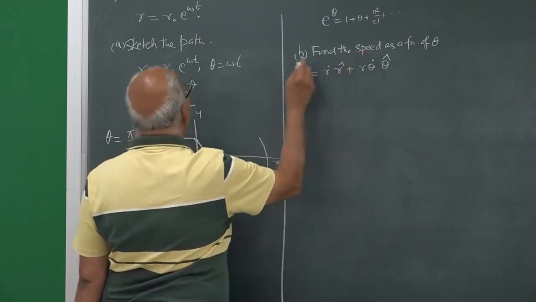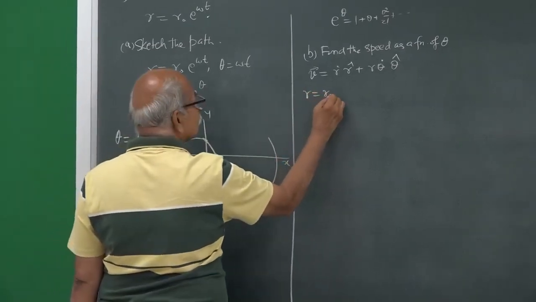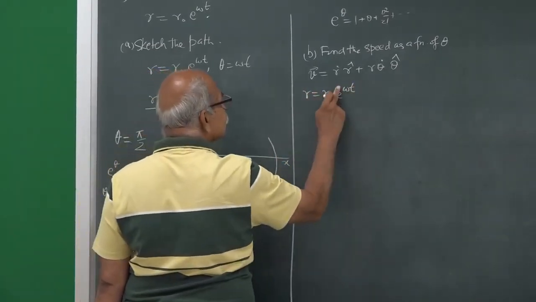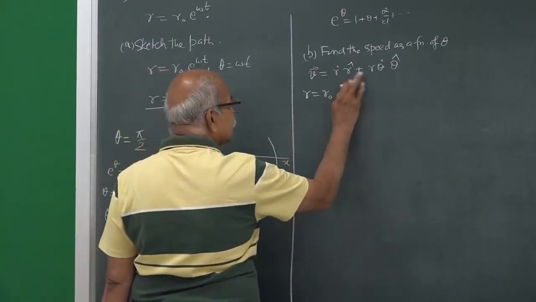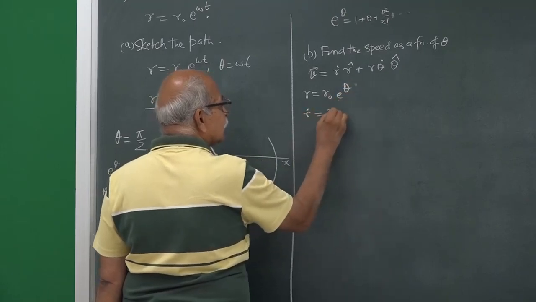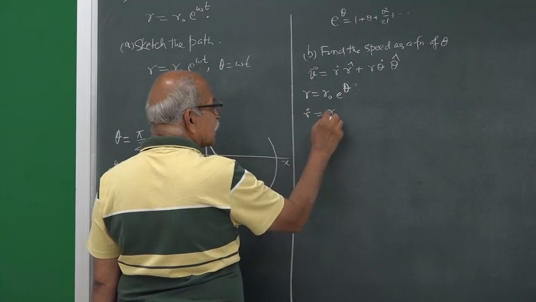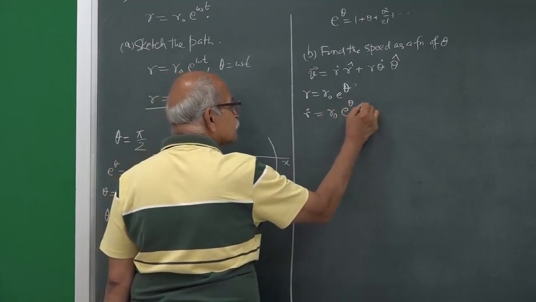Speed. So, r dot, what is r dot? R is equal to r naught e to the power omega t, or you can also say this is e to the power theta. So, r dot is r naught e to the power theta into theta dot, right.